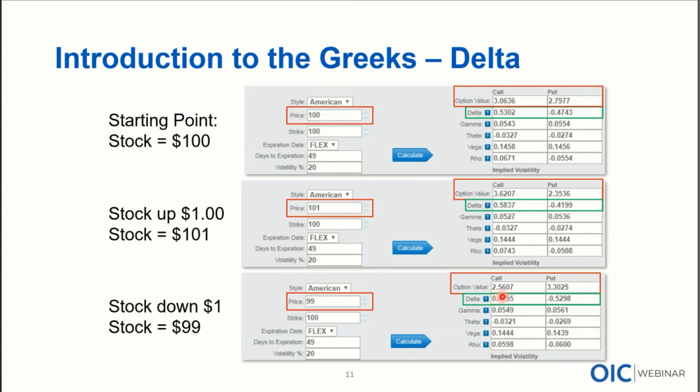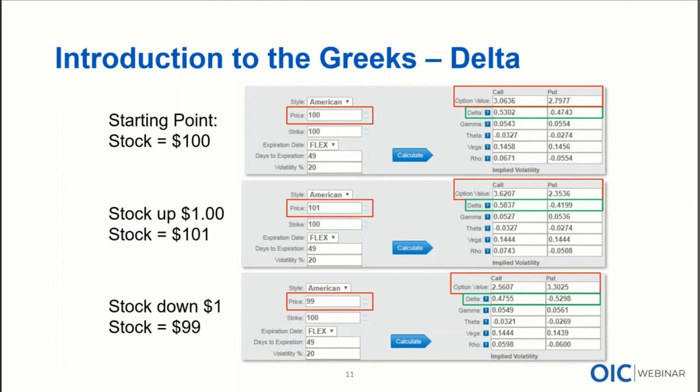It didn't lose that much value. It's worth $2.56. Because again, as the stock is dropping and moving from 100 down to 99 all along the way, the delta itself is slowly decreasing. So it didn't actually lose a full 53 cents. It lost something a bit less than that.